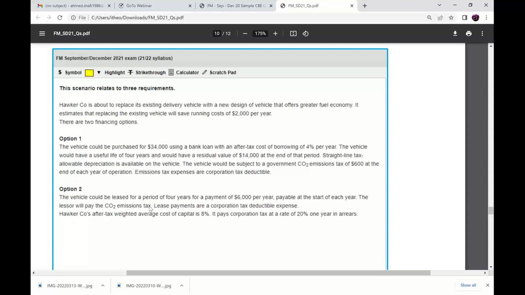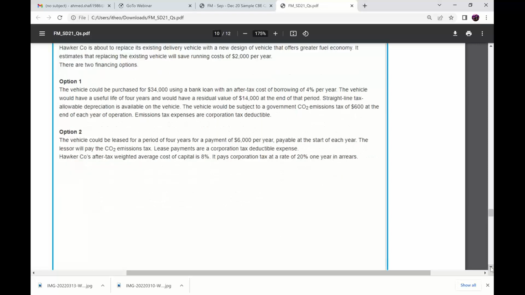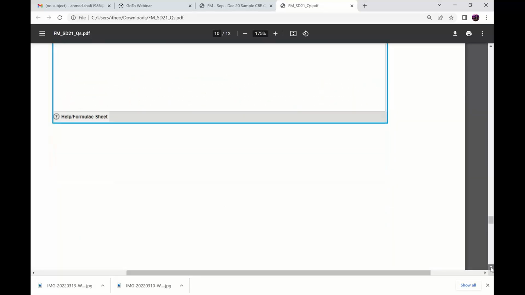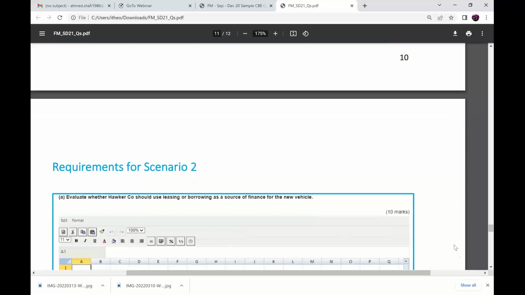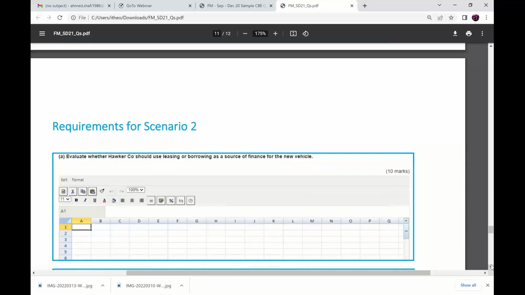Hawker's after tax weighted average cost of capital is 8%, and it pays tax at a rate of 20% one year in arrears. Ten marks calculation requirement. That's why a spreadsheet cell is given. Evaluate whether Hawker should use leasing or borrowing.